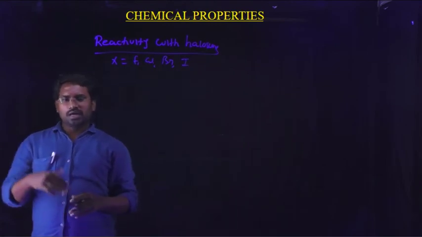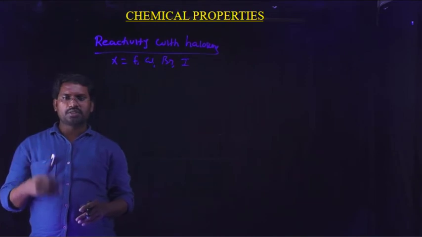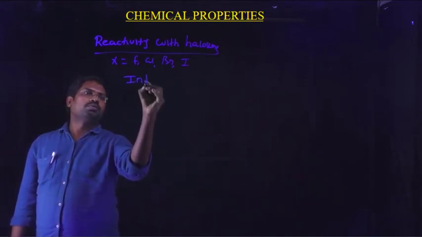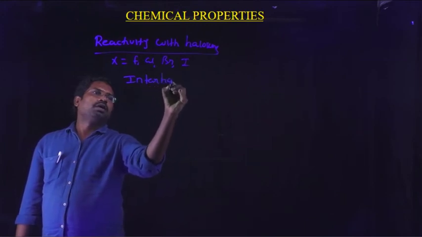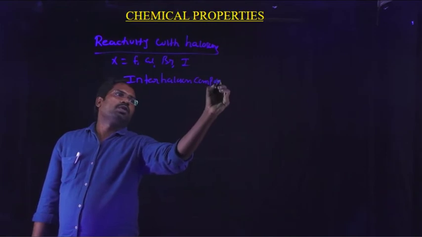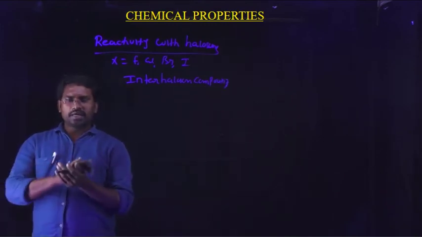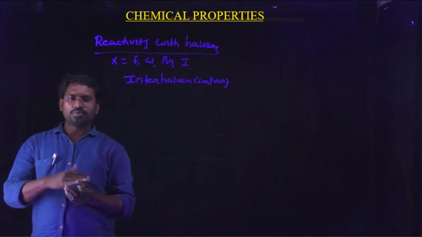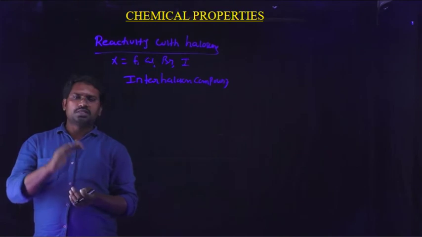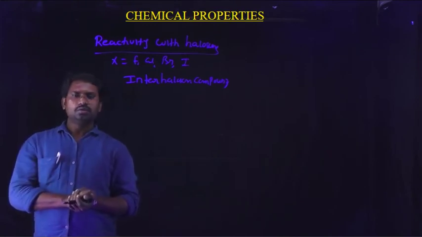Generally halogens react with each other to form new binary compounds, known as interhalogen compounds. That is the reactivity property of halogens with each other.